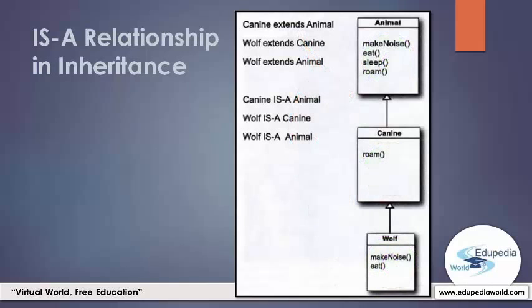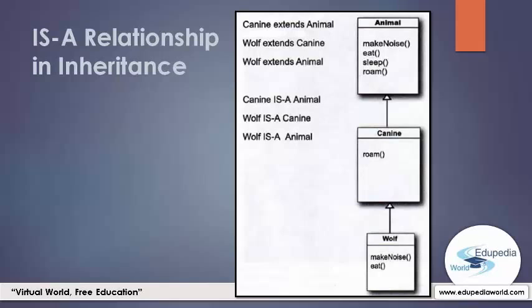Here we have three classes: animal, canine and wolf. Canine extends animal, wolf extends canine, therefore wolf extends animal. In other words, canine is an animal, wolf is a canine, therefore wolf is an animal. With an inheritance tree like the one shown here, you are always allowed to say wolf extends animal or wolf is an animal. It makes no difference if animal is the superclass of the superclass of wolf.